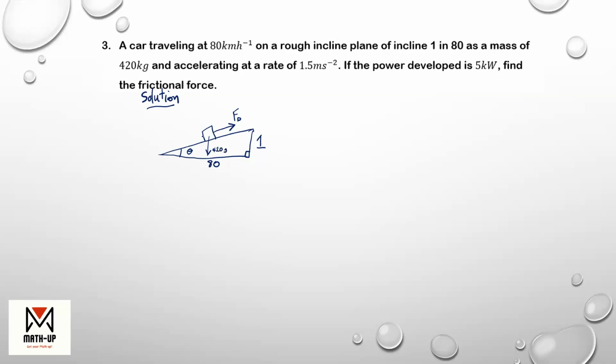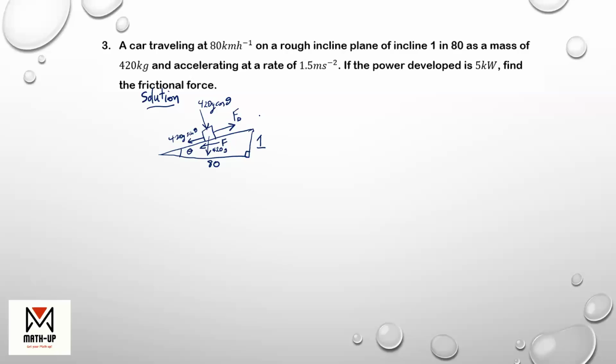So you have 420 g divided into a component along the plane and a component perpendicular to the plane. This would be 420 g sin theta, and this is 420 g cos theta. And remember, they've asked us to find the friction force, so there has to be a certain friction. Since it's going up, I expect the friction F to point downwards.